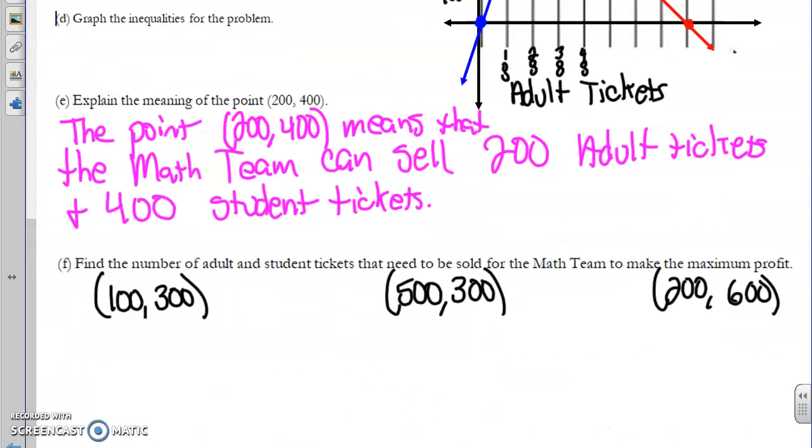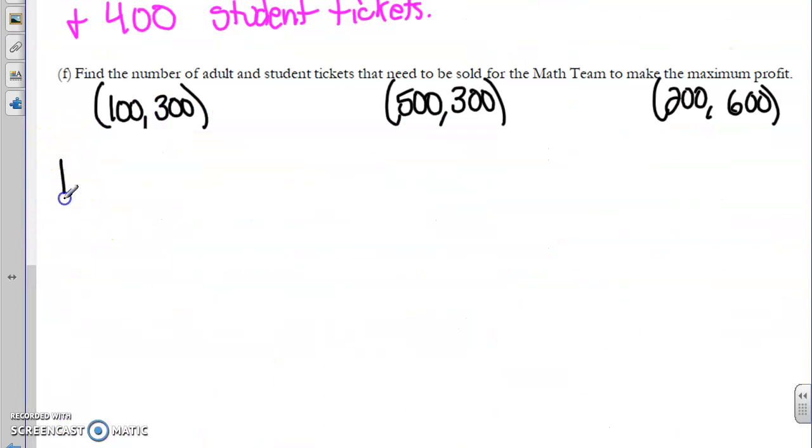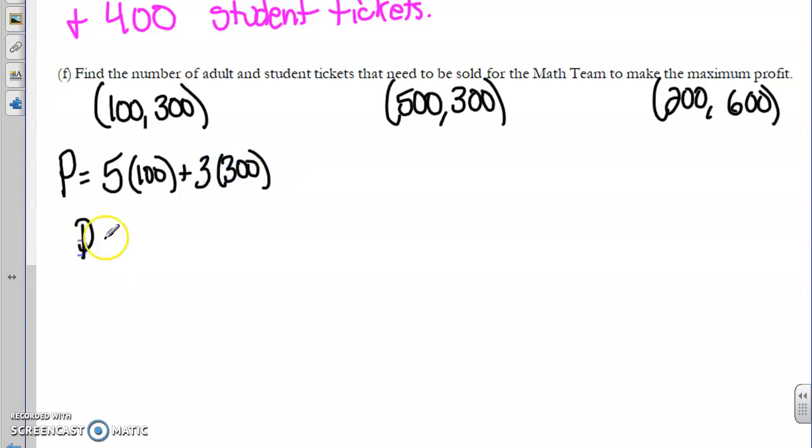So it'll look like this. If I sold, I'm going to put P for profit, 100 adult tickets, that would be 5 times 100. And then I sold 300 student tickets, so that would be 3 times 300. If I type that in my calculator, I get $1,400. So they would get $1,400 profit if they sold that many.